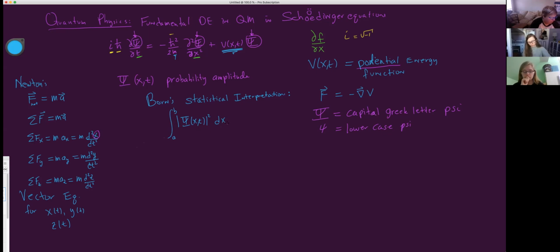So we're going to integrate that over this interval a to b, and this gives us the probability of finding the particle between a and b.